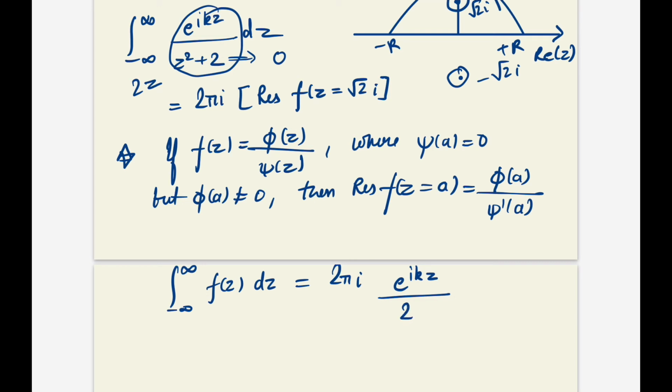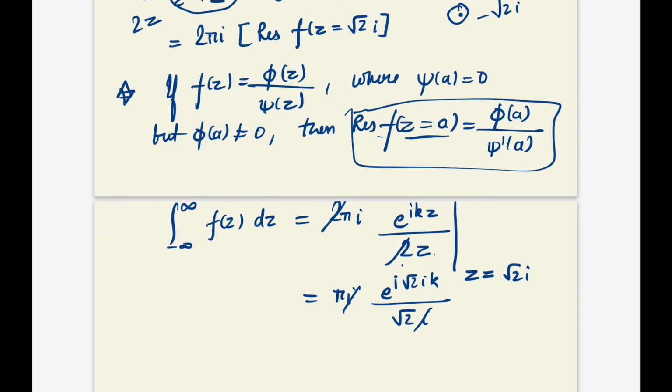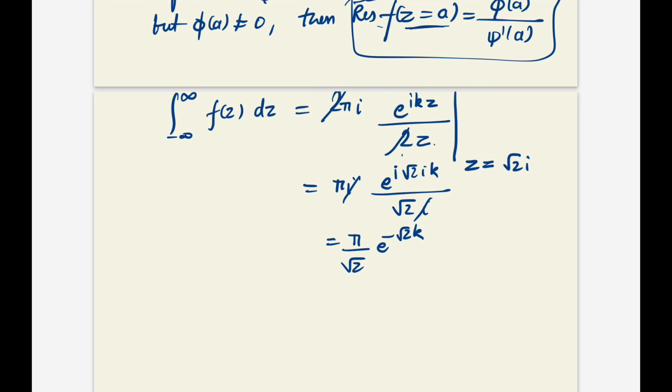So I will put that here, 2z, the 2 will cancel, and this part is evaluated at z equals to root 2i, by using this formula. We put z equals to root 2i, so pi i e to the power i times root 2i k over pi root 2i; the i cancels, and this becomes pi by root 2 e to the power minus root 2 k. Okay, this is for our positive k.